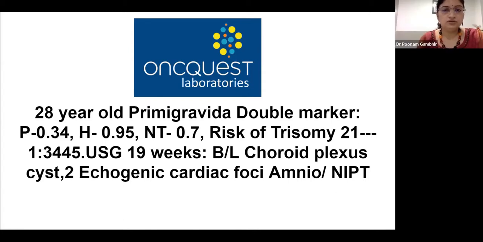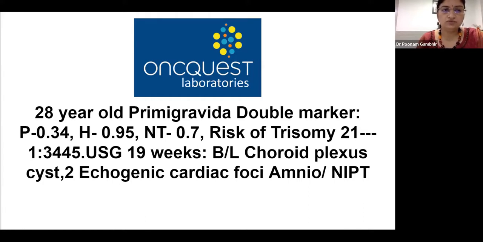If we look at the individual MoMs, the PAPP-A MoM is low, the hCG MoM is nearly 1. So if I look into the report of the biochemical risk of aneuploidy in this patient, I feel it would be somewhere in the intermediate range.